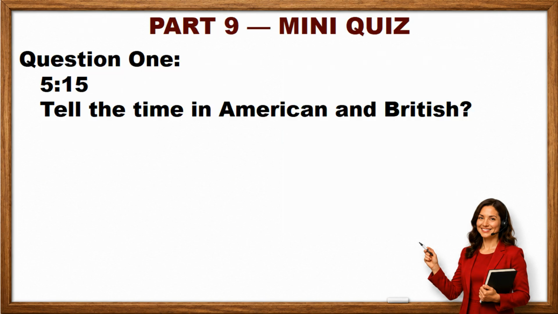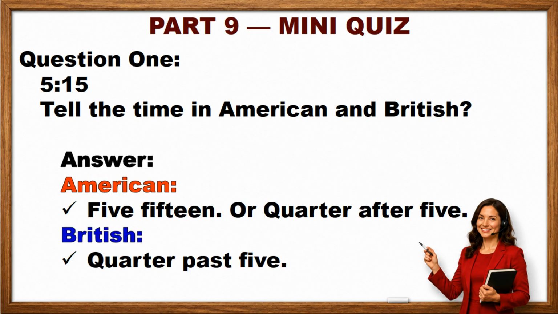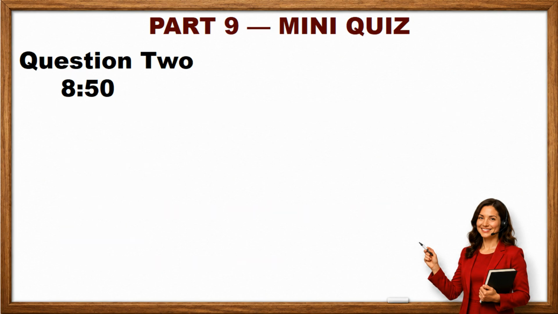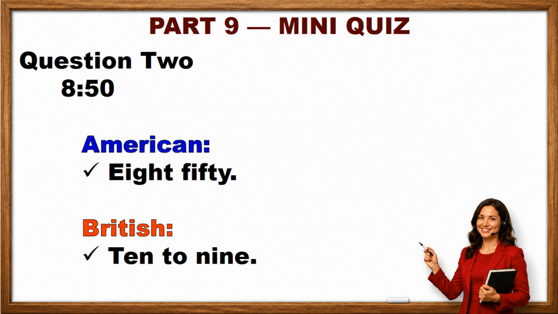Part 9. Mini quiz. Ready? Pause the video after each question. Question 1. Tell the time in American and British. Answer. American. 5:15. Or. Quarter after 5. British. Quarter past 5. Question 2. American. 8:50.